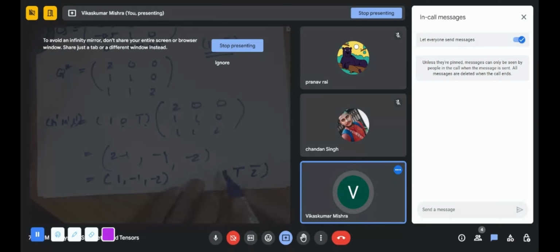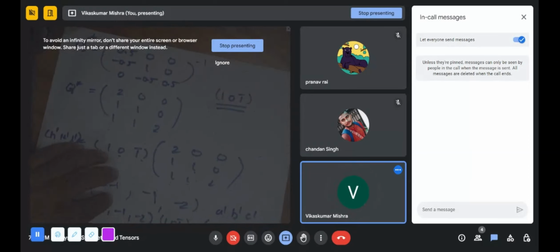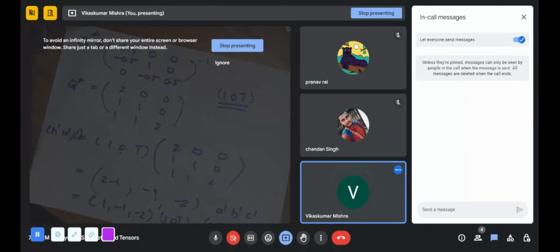These are the Miller indices in the A dash, B dash and C dash system, which was 1 0 1 bar in the ABC system. And that's how we have transformed this entire thing. If you have any doubt, please let me know, or else we can move to the next questions.